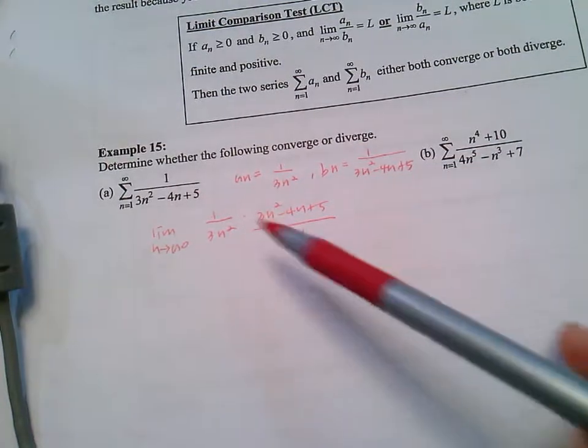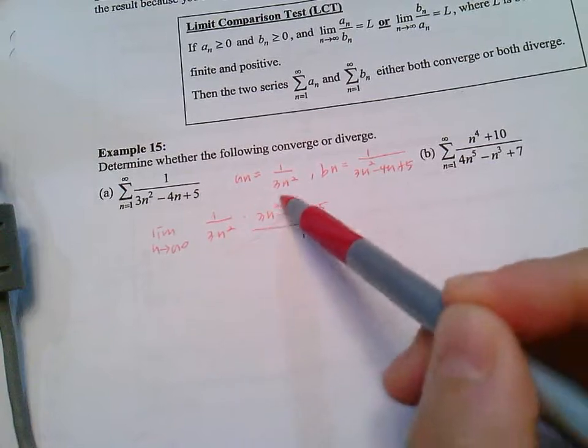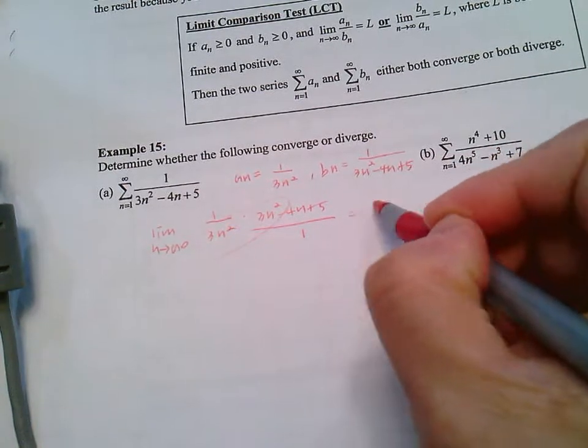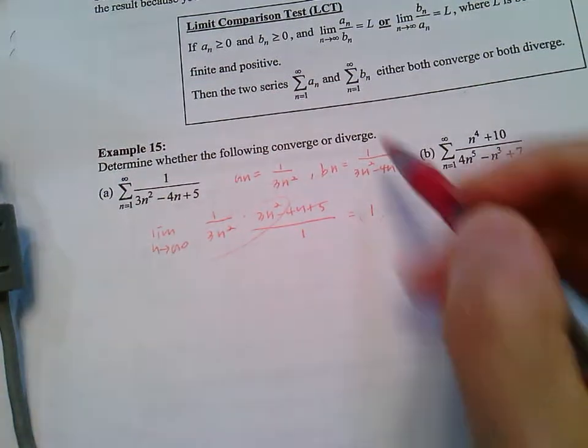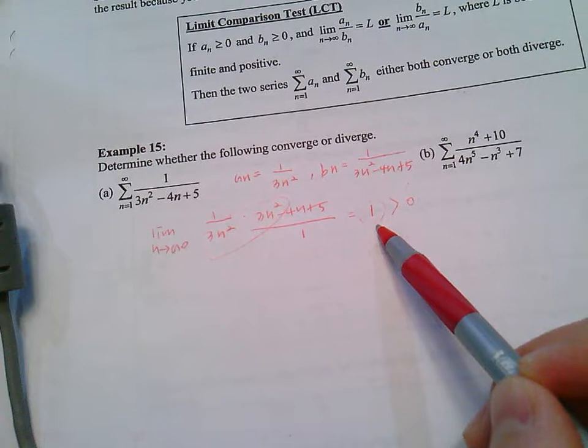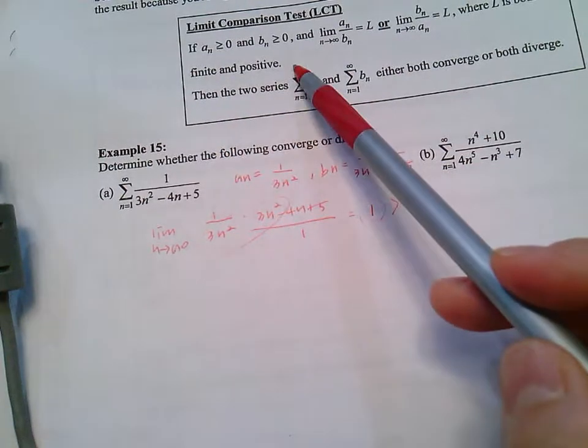Now, since this is a limit, we can just reduce the leading term, 3n squared divided by 3n squared, which is 1, which is L. We know this is a positive and finite number. So we satisfy the first conditions, right?